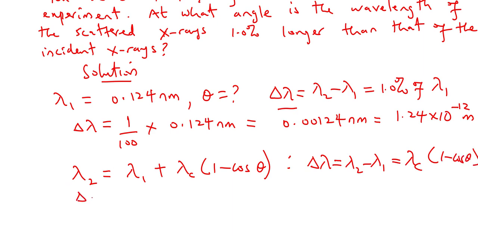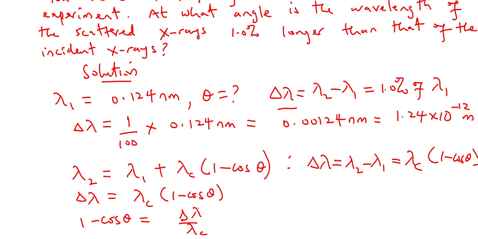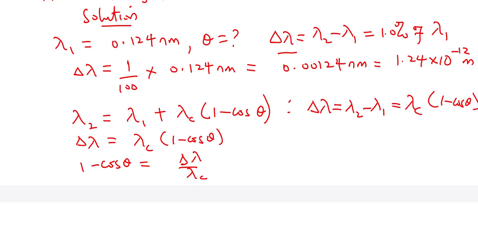Our goal is to find cos theta, so 1 minus cos theta equals delta lambda divided by lambda c. So cos theta will be 1 minus delta lambda divided by lambda c.